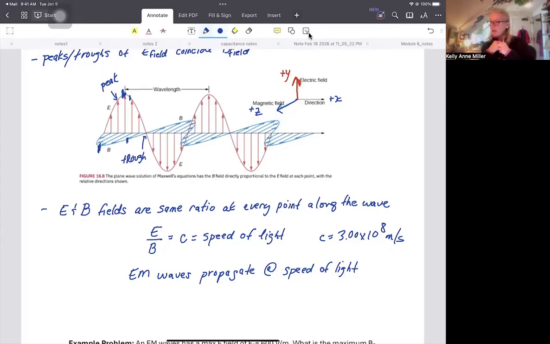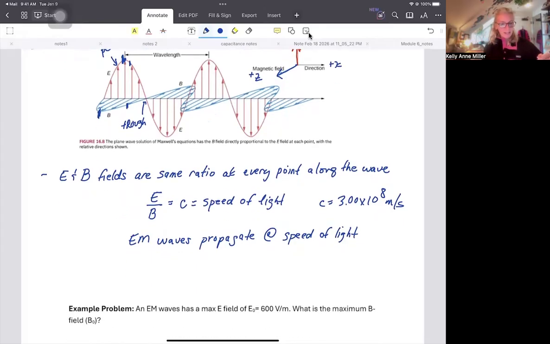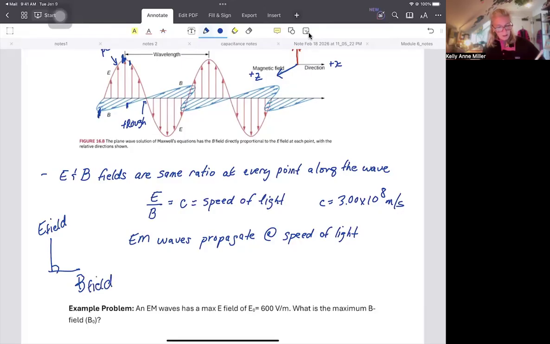Okay. So yeah, and then another kind of obvious point from the diagram is that the E field is perpendicular to the B field. Okay, and that both fields are perpendicular to the direction of propagation.